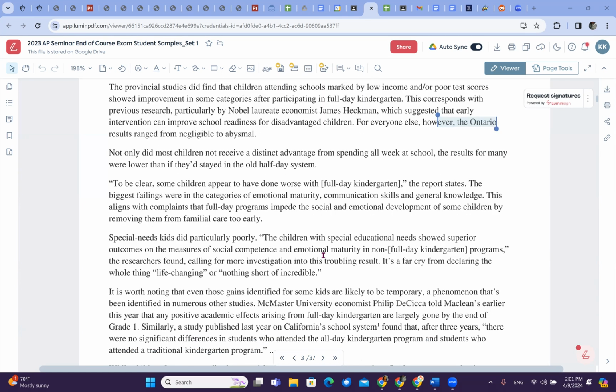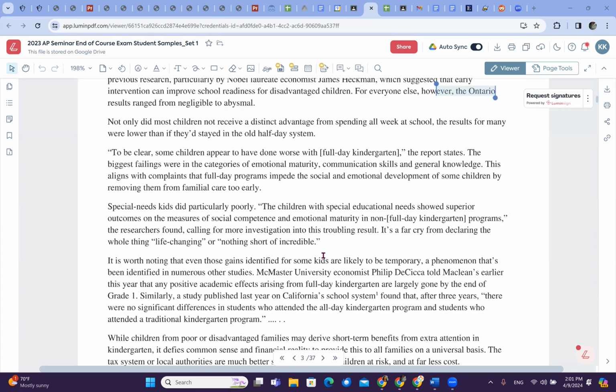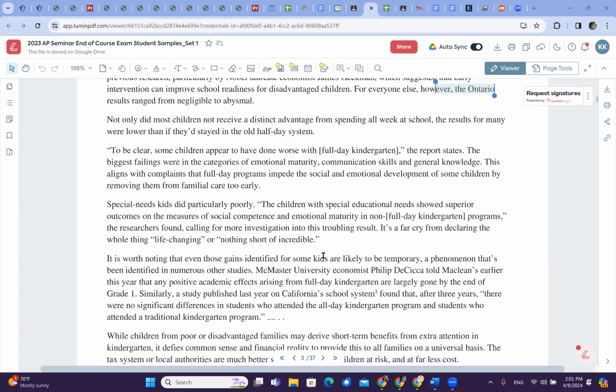Special needs kids did particularly poorly. The children with special educational needs showed superior outcomes on the measures of social competence and emotional maturity in non-full-day kindergarten programs. The researchers found this troubling and called for more investigation. It's a far cry from declaring the whole thing life-changing or nothing short of incredible.